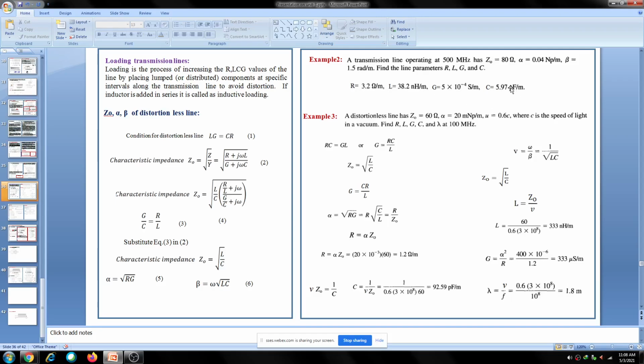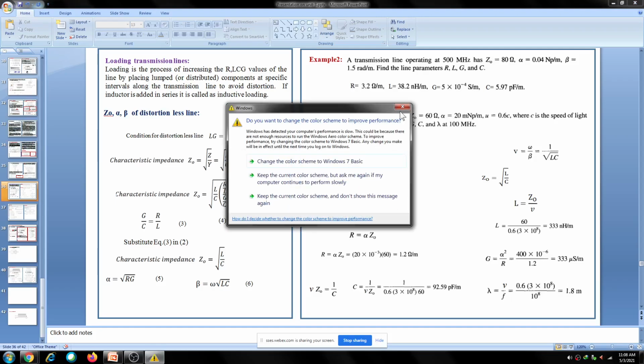By providing these RLCG values, what is the value of beta, alpha and characteristic impedance? There are direct equations. You just substitute the values of RLCG in those equations, like this Z0. You substitute the given parameters and the frequency, and you will get Z0. Similarly, the propagation constant is the square root of ZY, and you will get the value of gamma, and alpha and beta are given by the real and imaginary parts of the propagation constant.